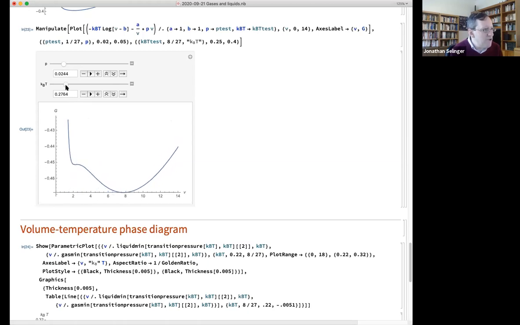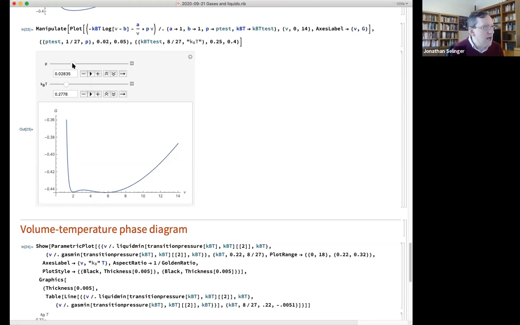I'll raise the temperature way up here, and I'll raise the pressure here. Now there's still two different phases with equal Gibbs free energies, but the difference is pretty small. So I'm getting close to the critical point.